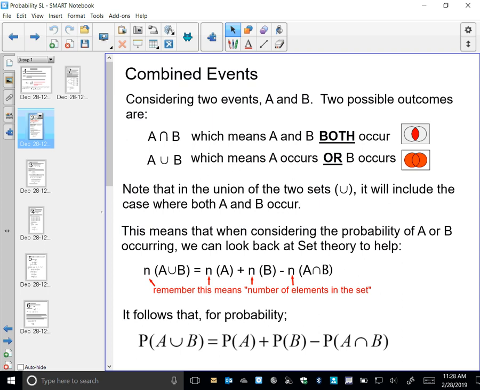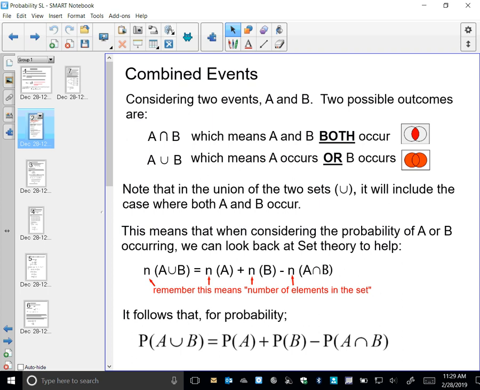A union B means that A occurs or B occurs. So it can be either of them. Yes? You're all happy with those? Yeah? Note that in the union of the 2 sets, it will include the case where both A and B occur. So it's everything.